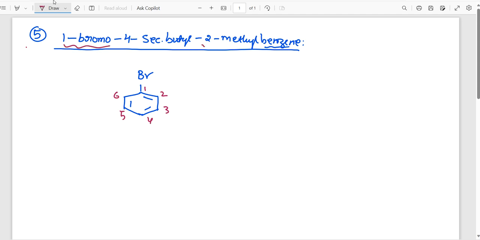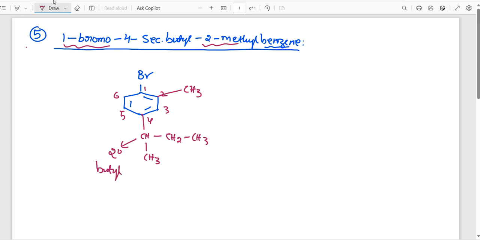At the second position, we have the methyl group. At the fourth position, secondary butyl. So the secondary butyl structure is CH bond CH2 bond CH3 bond CH3. Here we observe that this is the secondary butyl. So this structure is called the secondary butyl.